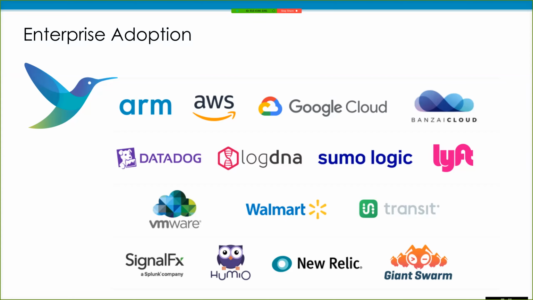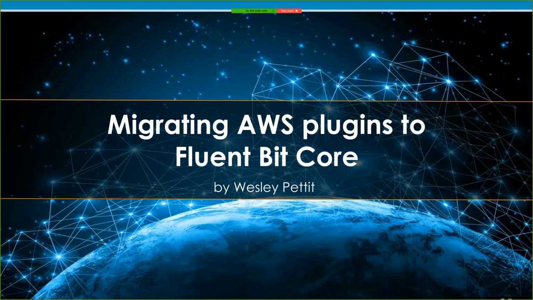And working with companies is a major priority for us, because we know that the kinds of use cases and challenges that they face every month are new in performance, in deployment modes, configuration, and so on. So now I'm going to hand over the presentation to Wesley, who will talk about the AWS plugins and how they were migrated to the Fluent Bit core.